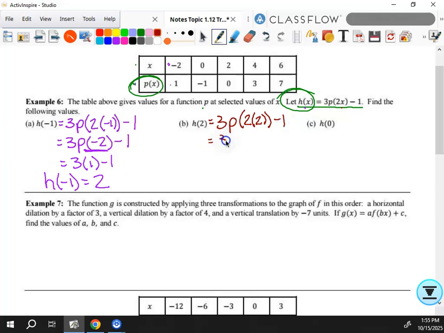So then that is 3 times p of 4 minus 1. What is p of 4? 3. So it's going to be 3 times 3 minus 1. So h of 2 equals 8. Okay. We all good with that? Awesome. All right. You do C.